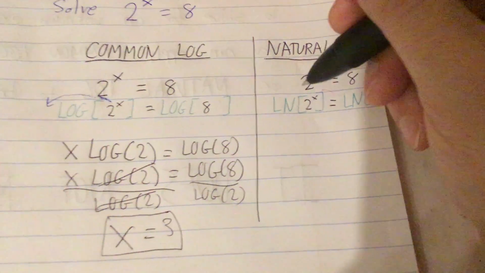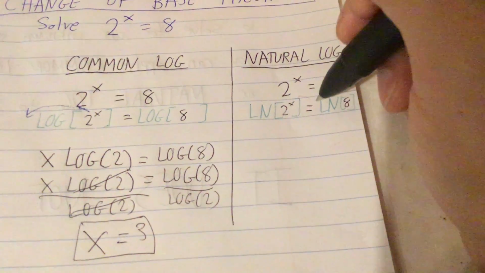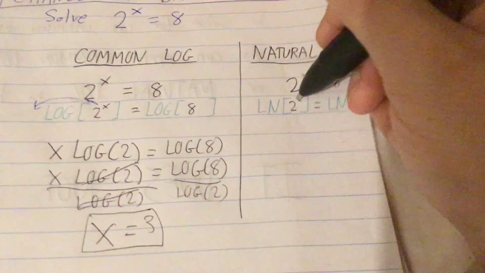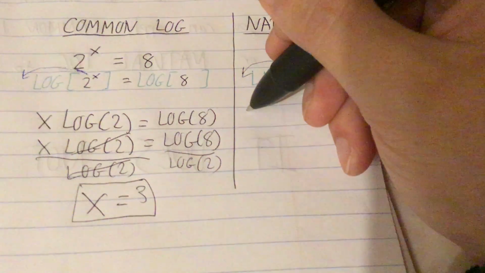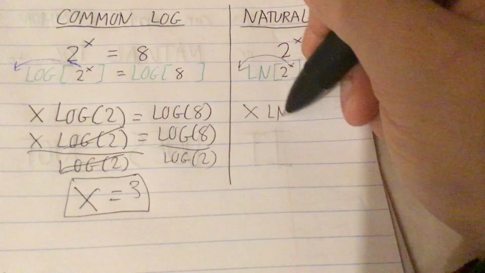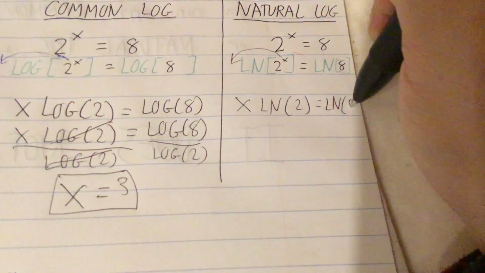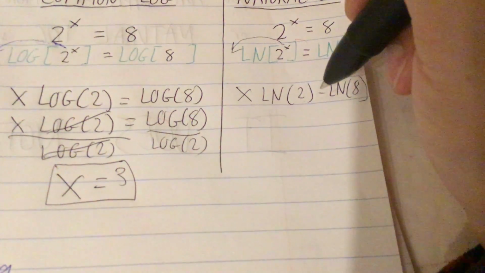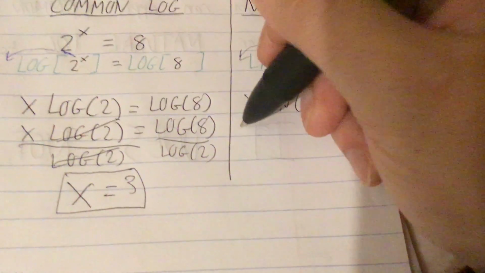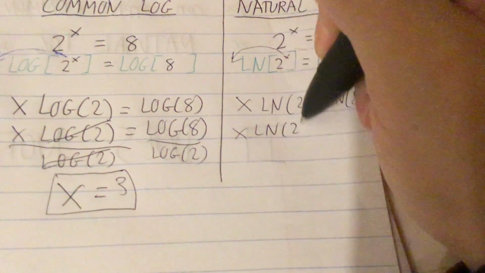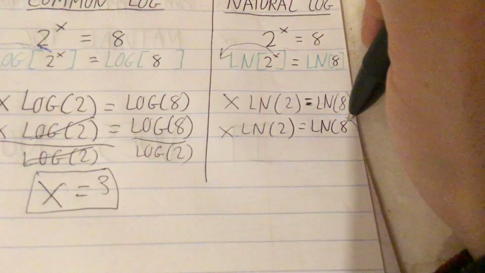Well, let's find out. So suppose that natural log of 2 to the x power, and I use the same properties of logs by making the power factor rule, slide that exponent to the front. x ln of 2 is equal to ln of 8. Now I've got x ln of 2 is equal to ln of 8, but I want to solve for x.